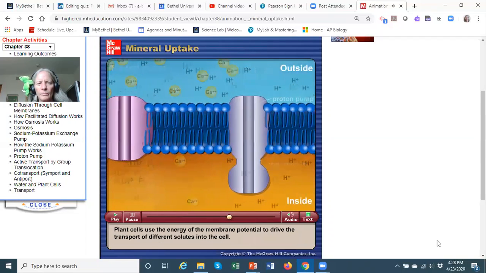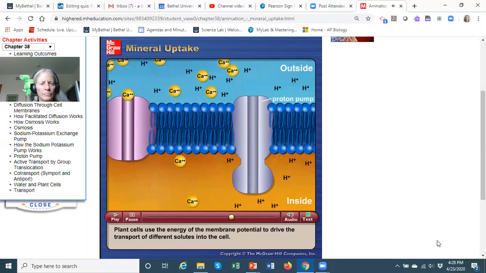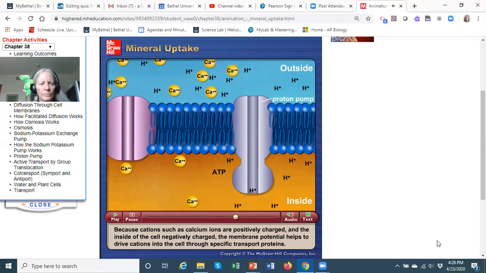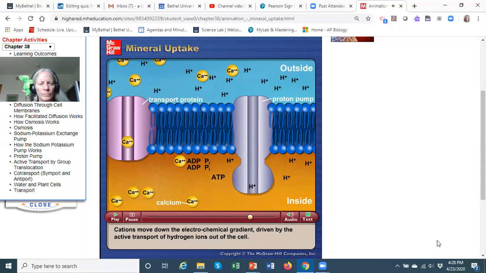Plant cells use the energy of the membrane potential to drive the transport of different solutes into the cell. Because cations such as calcium ions are positively charged and the inside of the cell negatively charged, the membrane potential helps to drive cations into the cell through specific transport proteins.